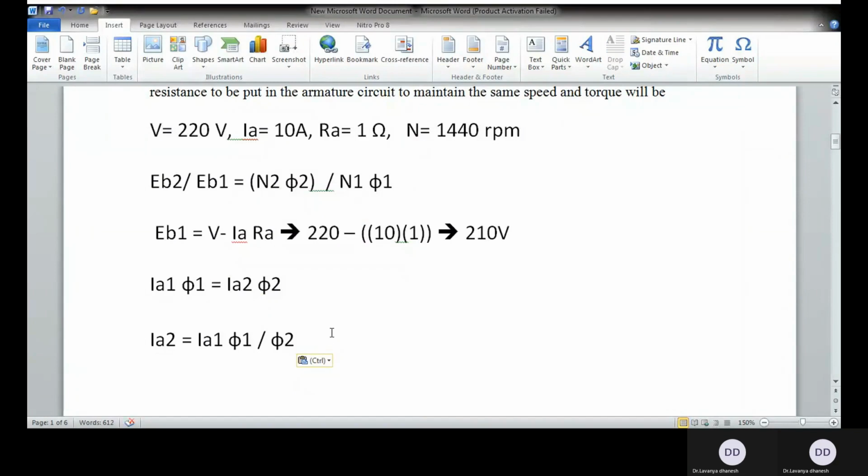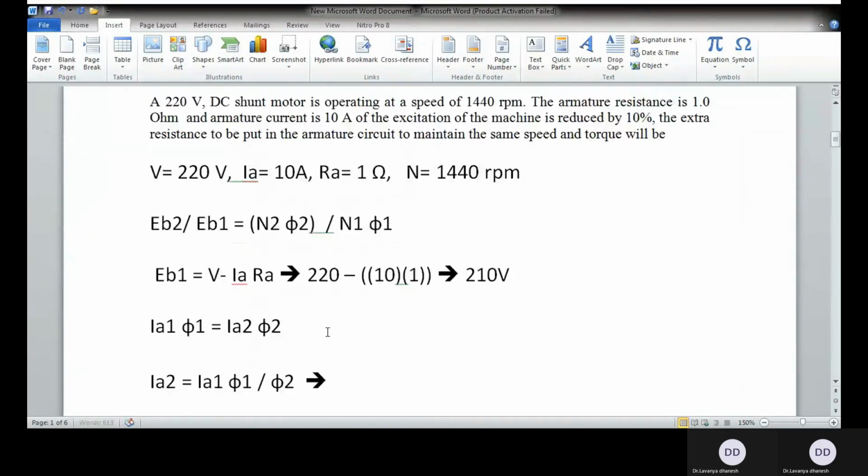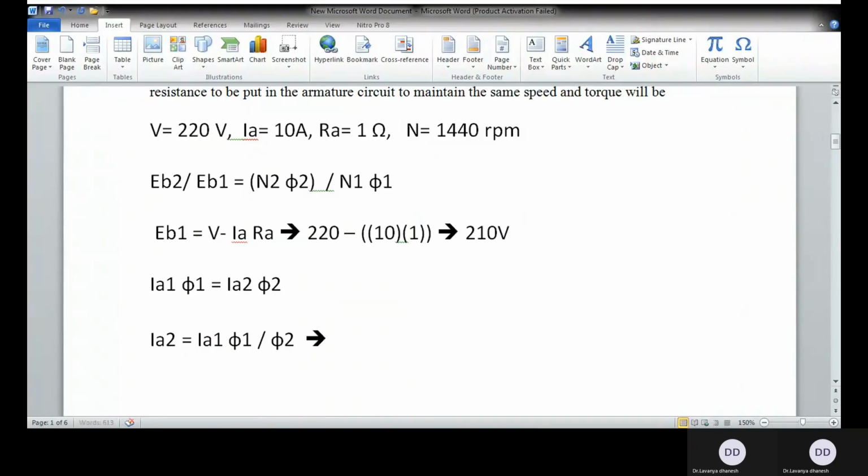So what is the relation here is they have given us a 10% reduction. So here, when you find it out now, phi 2 will be equal to, keep it separately. I should know the relationship between phi 1 and phi 2. Phi 2 is equal to 0.9 into phi 1.